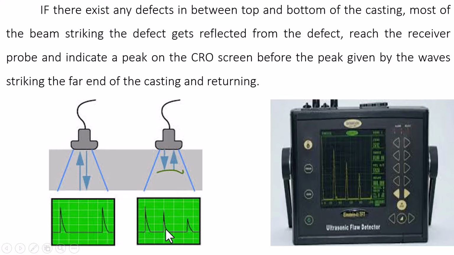So there is a peak between the bottom and the top faces. That means some defect is present, and we can also calculate the depth where the defect is present from the CRO, the cathode ray oscilloscope.